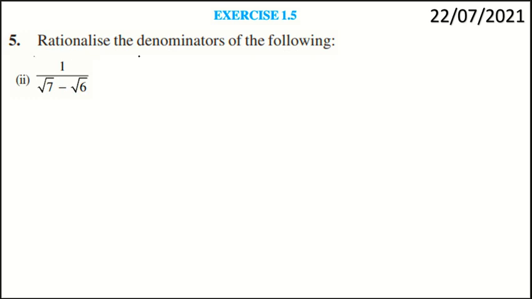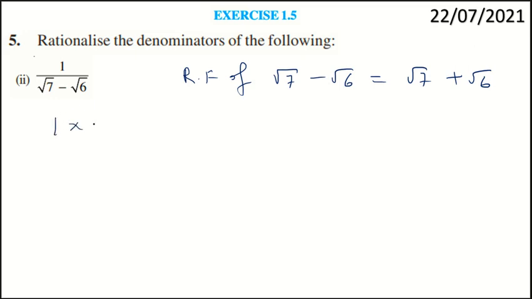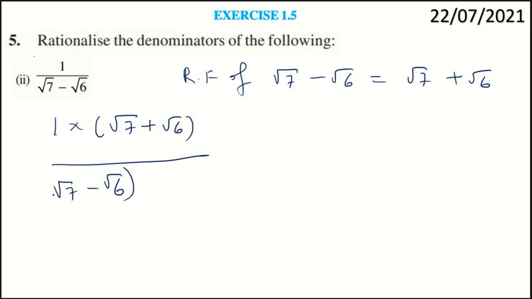rationalize the denominator of 1 by root 7 minus root 6. The rationalizing factor of root 7 minus root 6 is root 7 plus root 6. I have already told you, for x minus y, the rationalizing factor will be of the x plus y type. Again, we will multiply this rationalizing factor to both the numerator and the denominator.